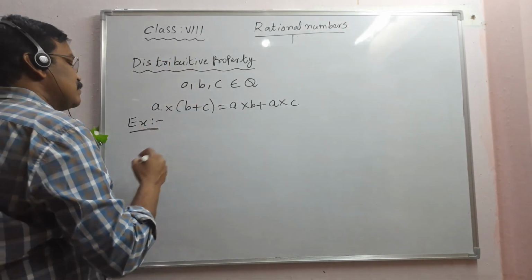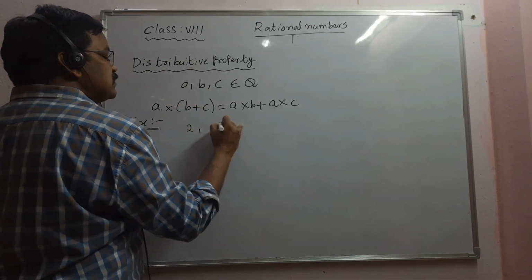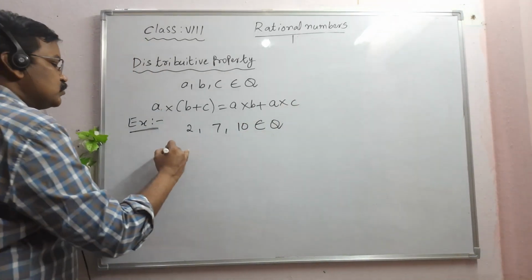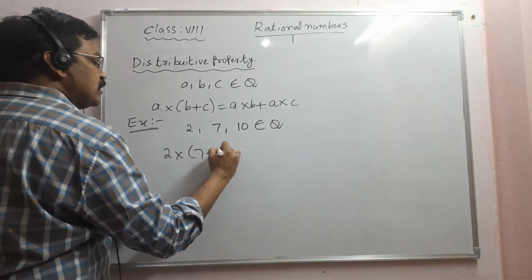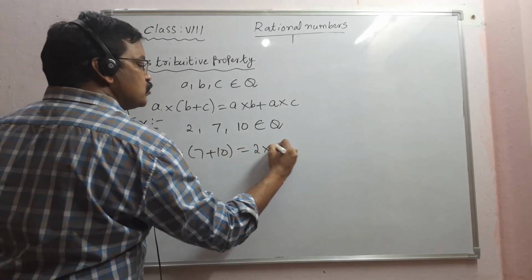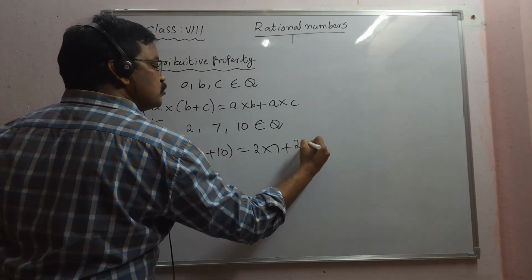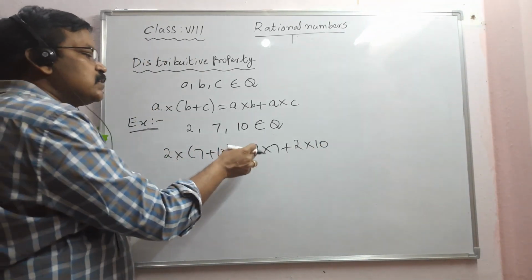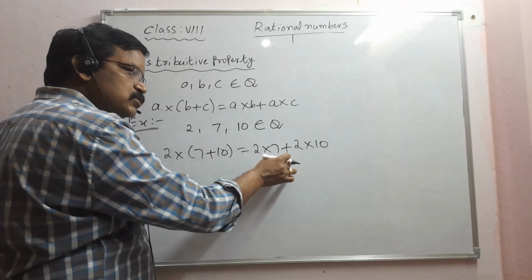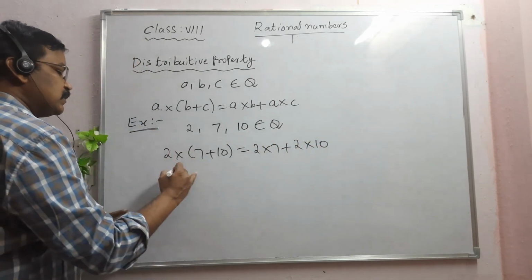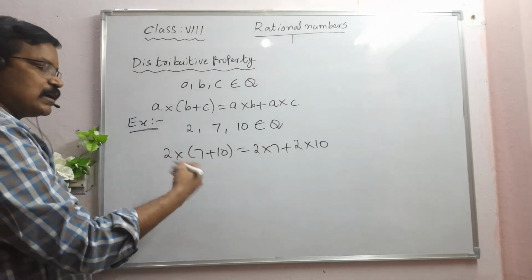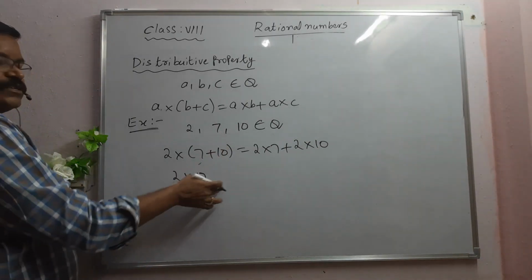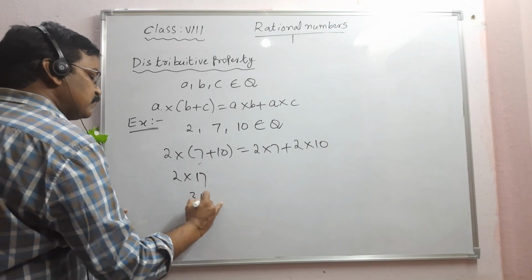I will take one example. Take 2, 7, 10 belonging to Q. So 2 into 7 plus 10 is equal to 2 into 7 plus 2 into 10. Let us verify whether it is true or false. 7 plus 10 is 17, and 2 times 17 is 34.